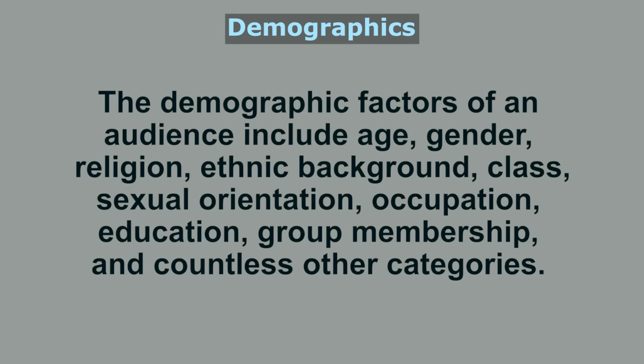Demographic factors include age, gender, religion, ethnic background, sexual orientation, occupation, education, all these. And from this, we can actually divide our audience into different divisions, catering to their needs and to their expectations.